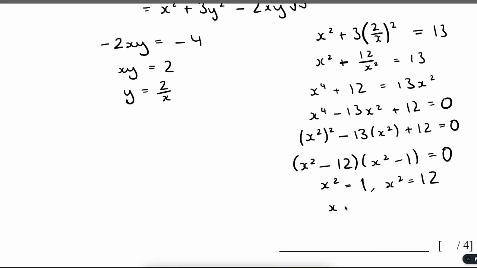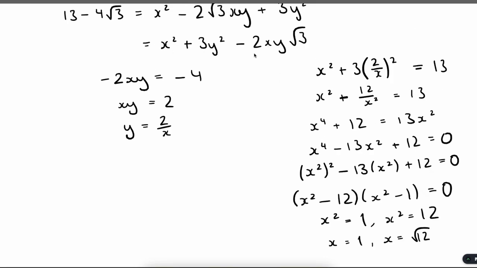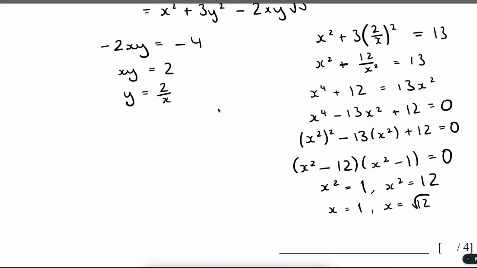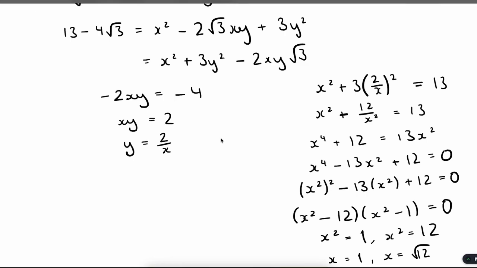So either x is 1 or x is root 12. Now, because we set this xy equal to 2, we know we're not going to pick this root 12 here. We could, but we're going to let x equal a regular rational number just because it makes the numbers work out easier. So I'll show you what I mean.